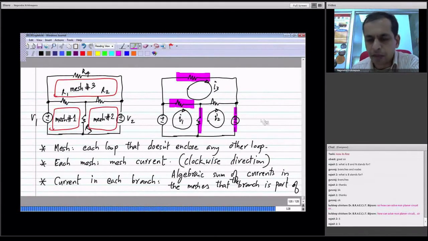So is there any question regarding the definitions of the mesh and the mesh currents and branch currents in terms of mesh currents? Any questions?